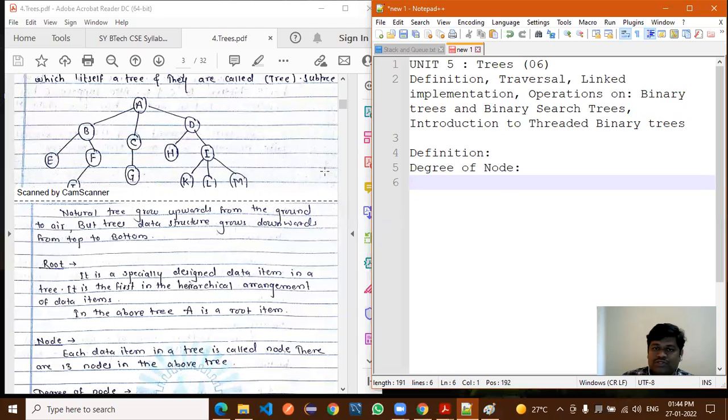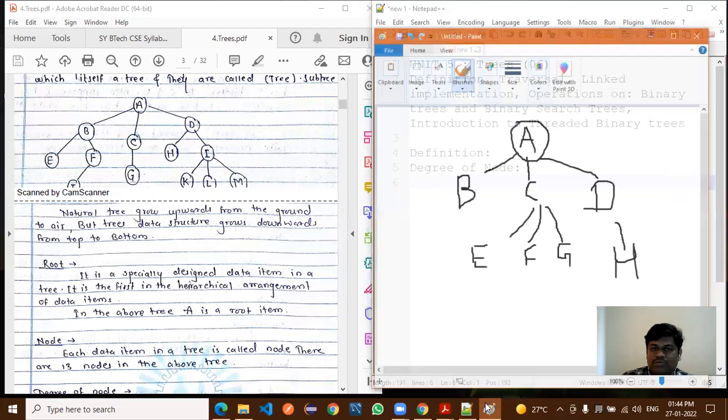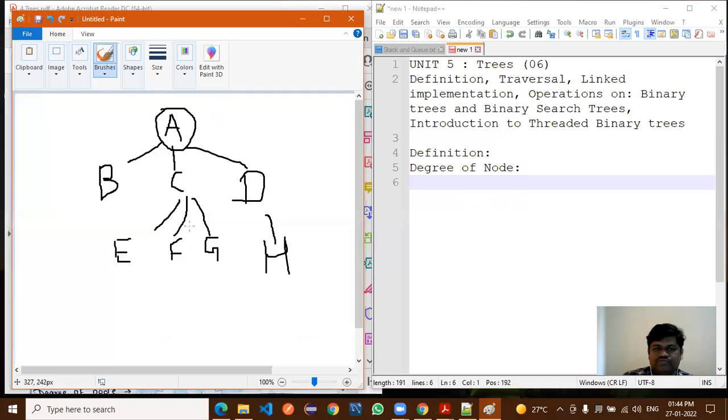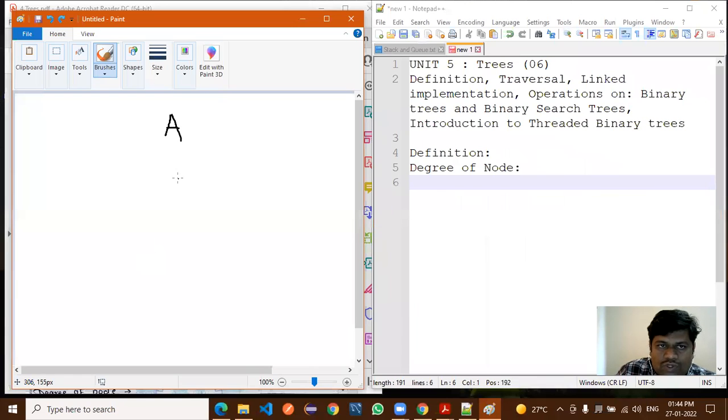Now we'll take one simple example. Let me draw one example. Suppose here you have A, after that B. Now here I will use the arrow.